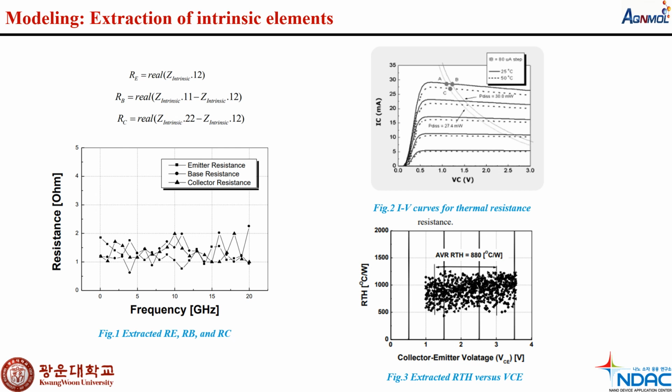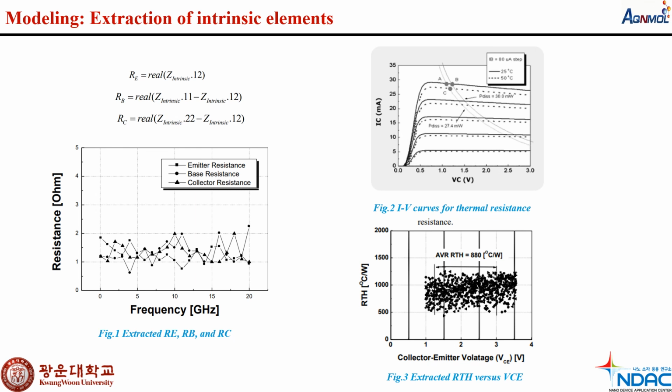After that, thermal resistance. The self-heating property of the bipolar transistor is important for a variety of circuits using gallium arsenide as the substrate material because of its comparatively low thermal conductivity. Figure number 2 is showing the current versus voltage characteristics curve of the calculation method for thermal resistance.